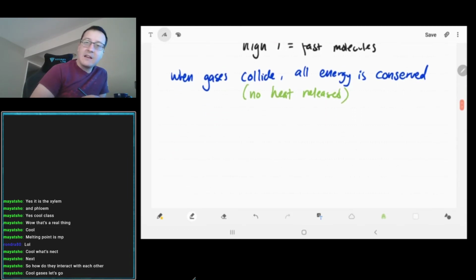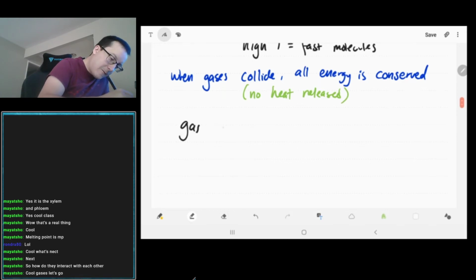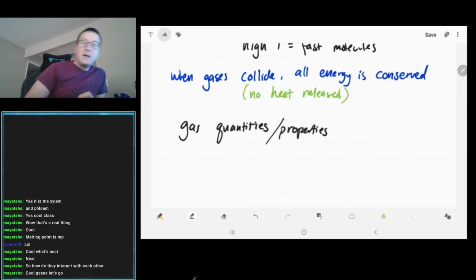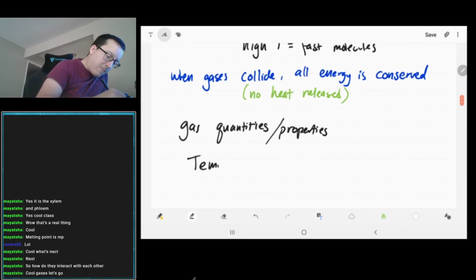So with gases, we often talk about them in terms of four different quantities. We might also describe these as properties. One of them we've already mentioned, right? We have temperature.